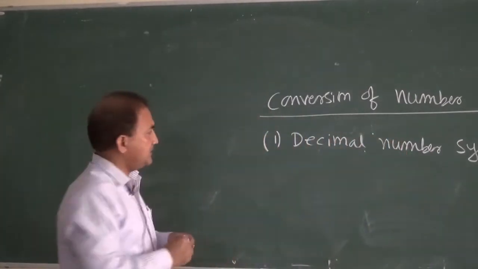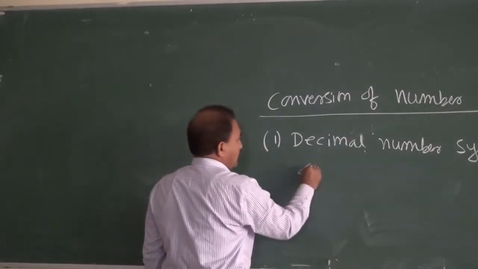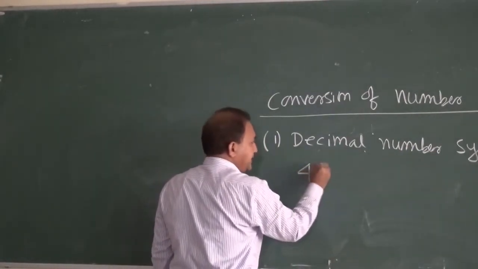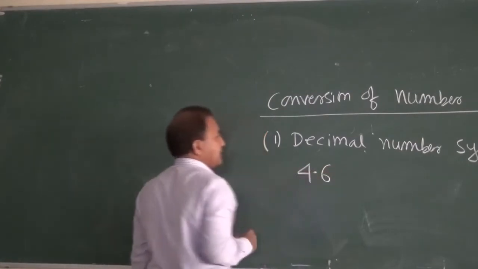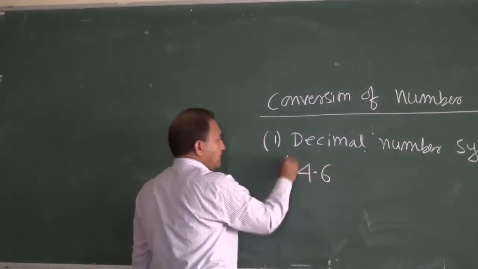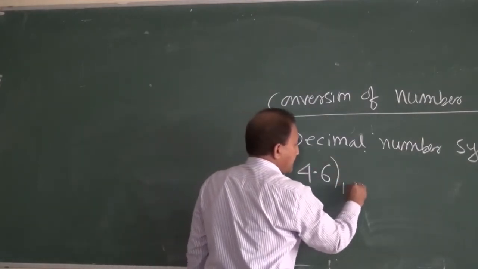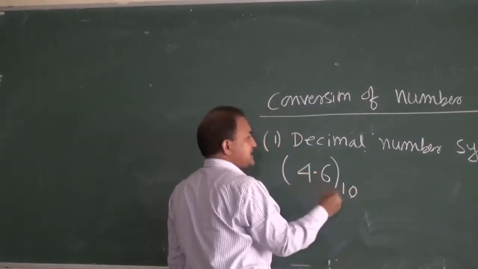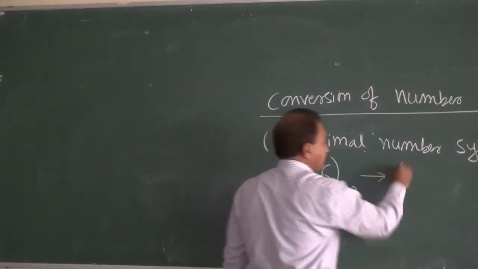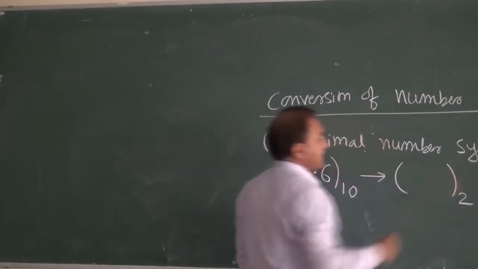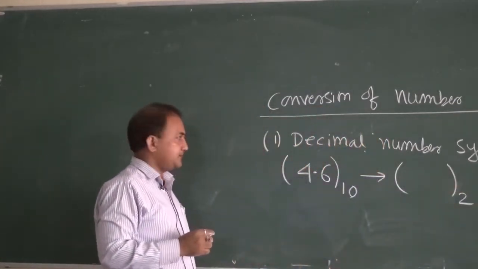Now suppose the number is 4.6, which is in the decimal system. You want to convert this to binary. How can you convert it?